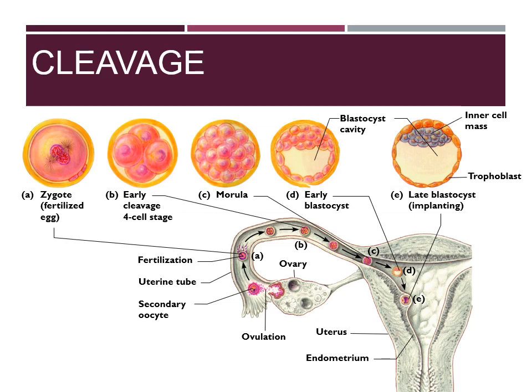It will be composed of trophoblasts, and will have an inner cell mass and a trophoblast layer, and that's what we call the late blastocyst that will be implanted into the lining of the uterus.